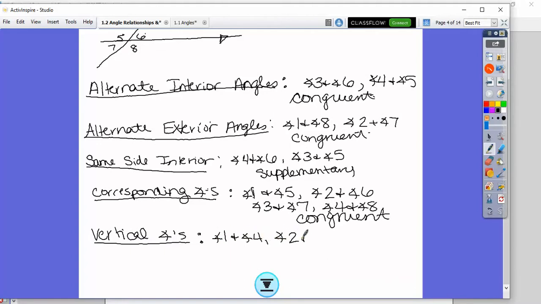Angle 2 and angle 3. Angle 5 and angle 8, and 6 and 7. What's true about those measurements?